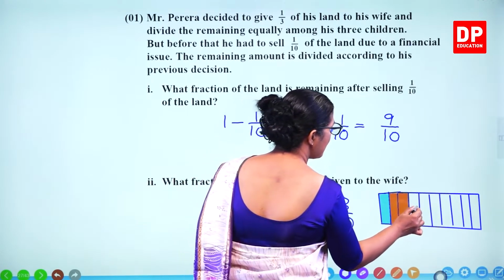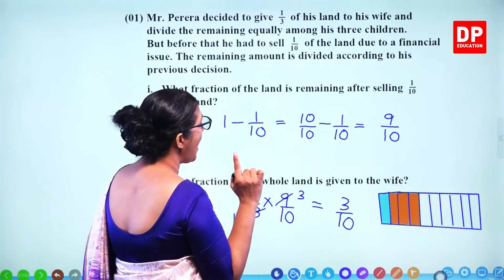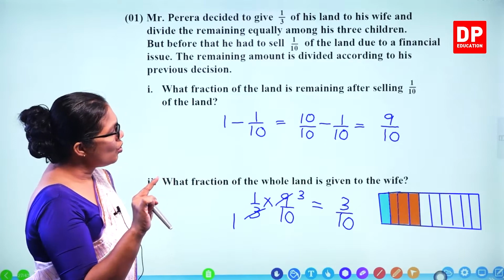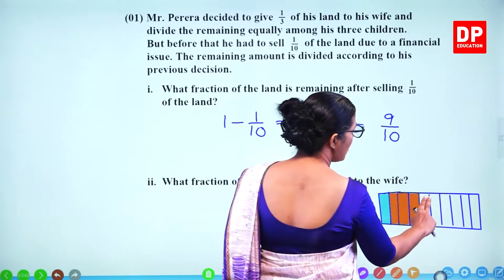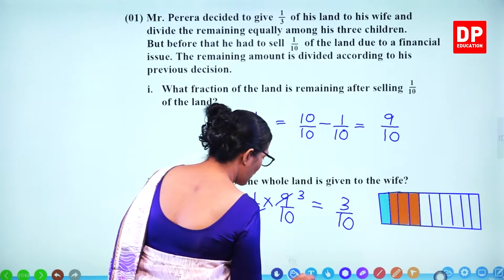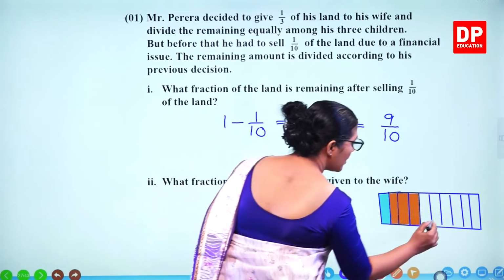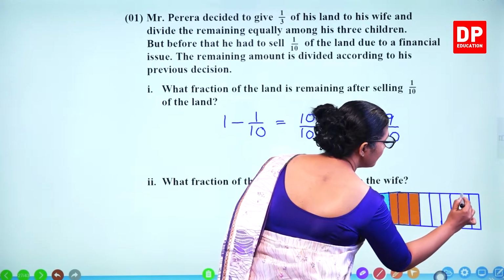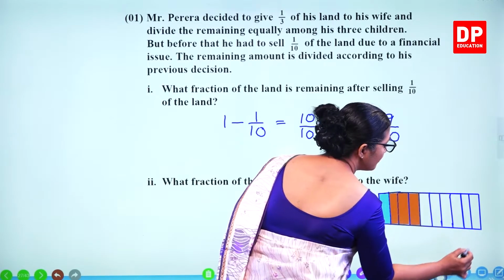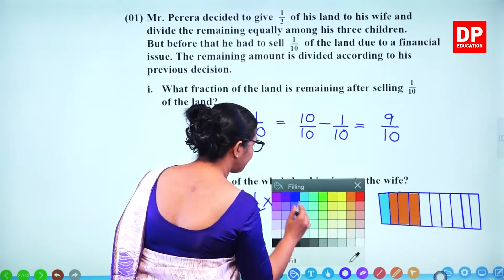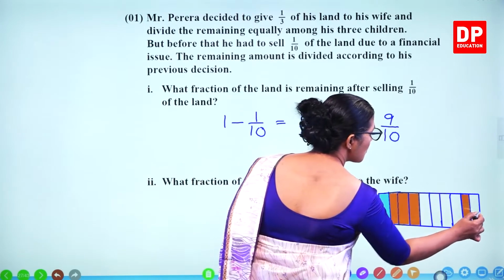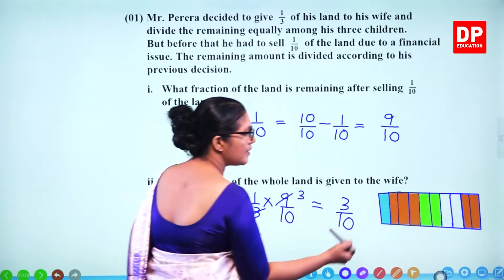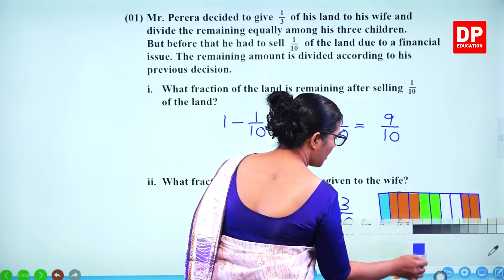So that means 3 parts given to his wife. And then he equally divides the rest into 3 parts for 3 children. So something like this. When you divide by 3, you get 2 parts each. This becomes 1 child and this becomes another child and this one. So that's what you get.